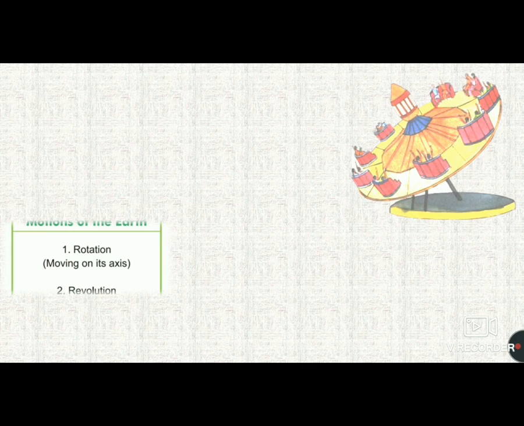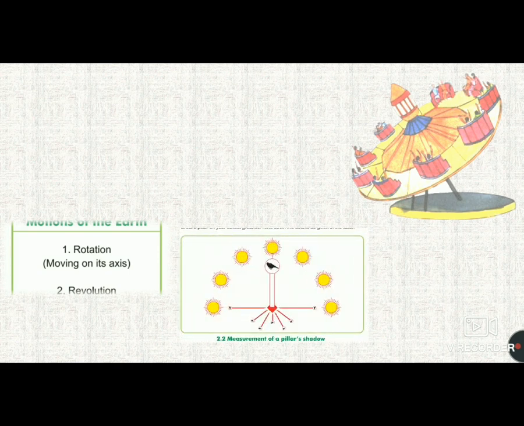When earth rotates on its axis, it is known as rotation. At the top, take this pillar as an example to prove that earth really revolves and rotates. Put a rod on the center of your playground and see the shadow falls on it due to sun.